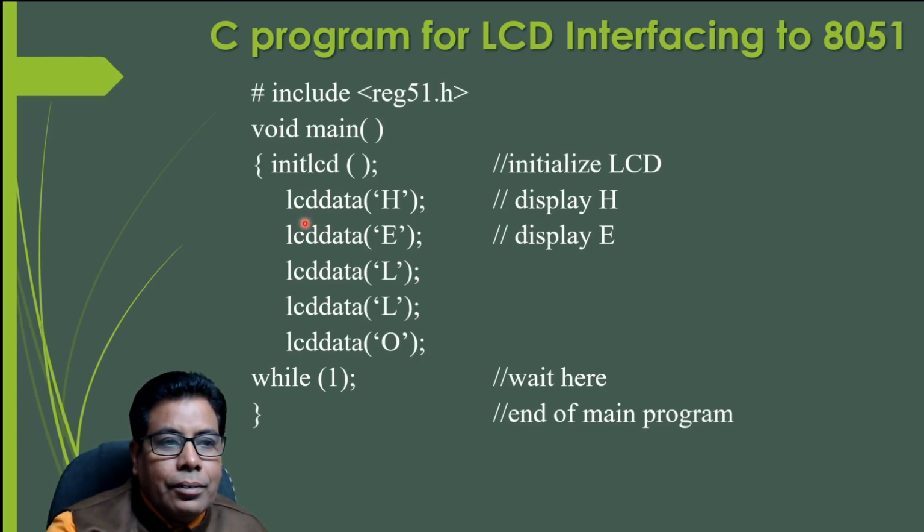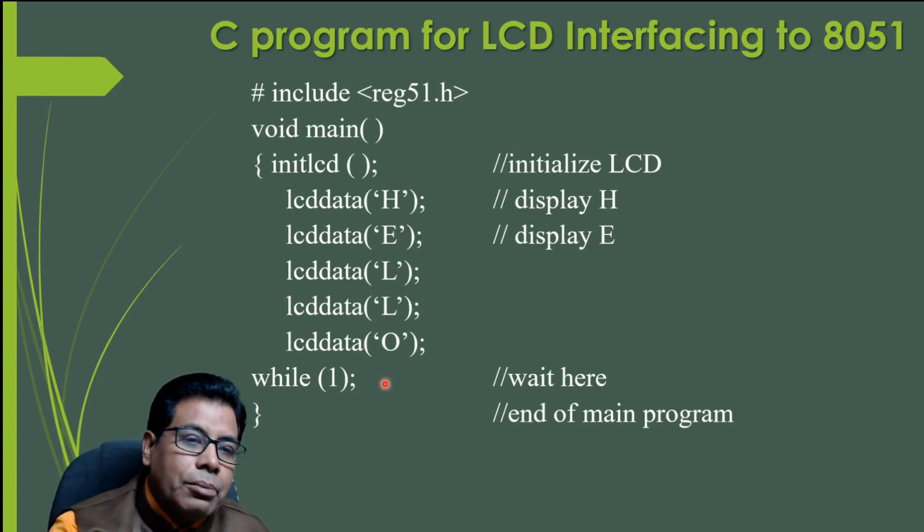Then we have the LCD data function for displaying H, LCD data with E passed to it is for displaying E. And similarly LCD data L, LCD data L and LCD data O, that is for displaying the particular character. And here we will be in the loop while 1. So while this is true, this will be continued. So we come to the end of the main program here.